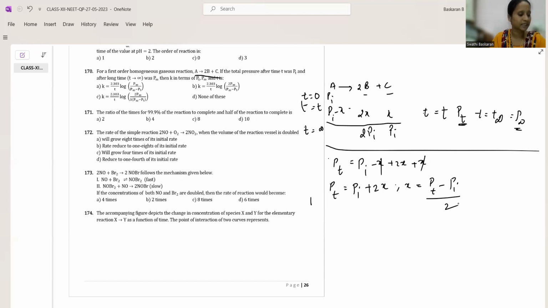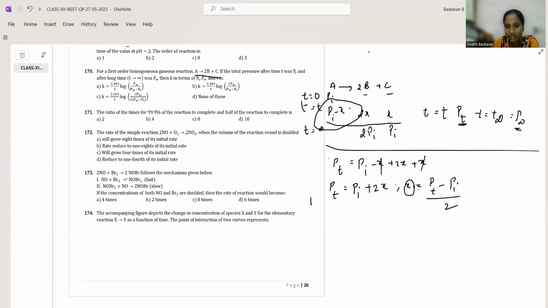Yes. So the next step, as the x value is calculated: this x value needs to be substituted to determine the pressure of A at time t, that is Pi minus x.